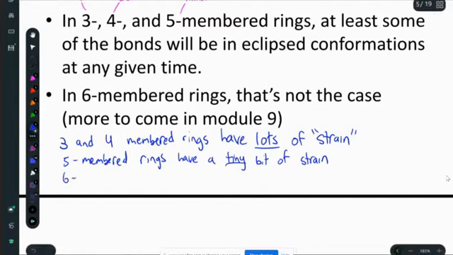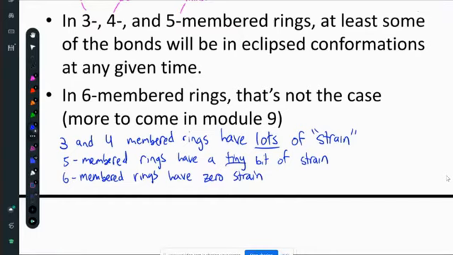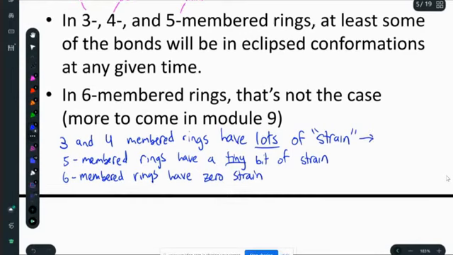But six-membered rings have absolutely zero strain. So in general, you'll see some three and four-membered rings, but they're usually hard to form. You'll see lots of five and six-membered rings because they're relatively more stable.